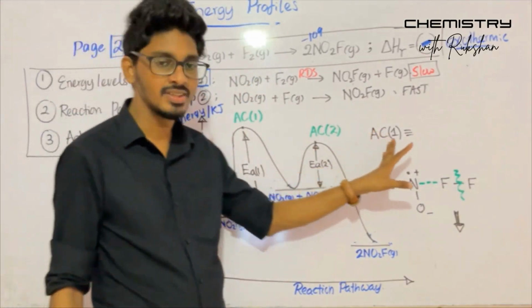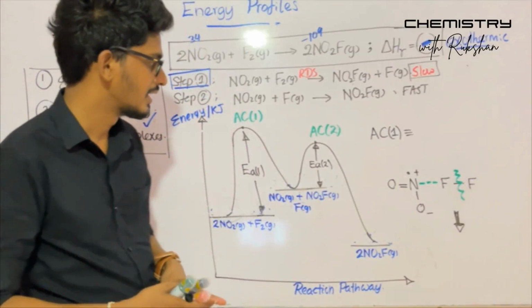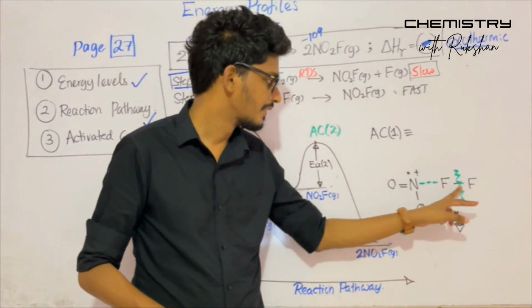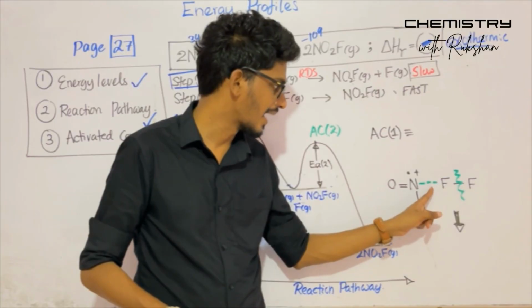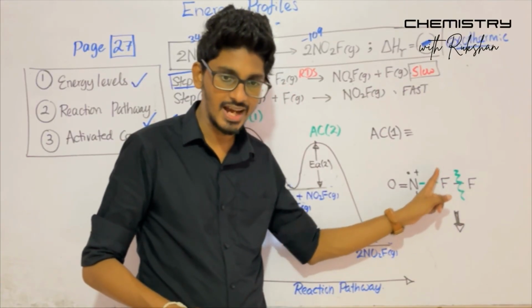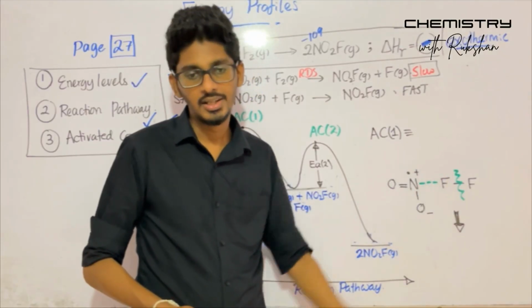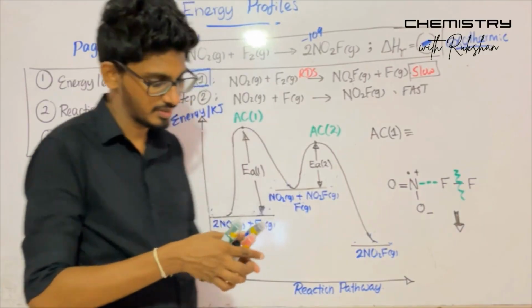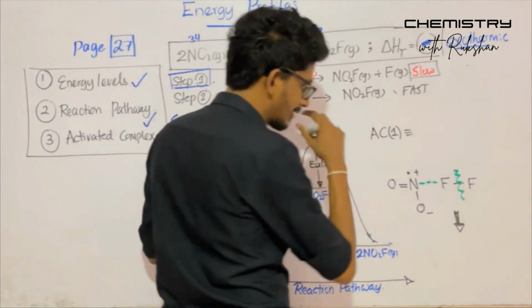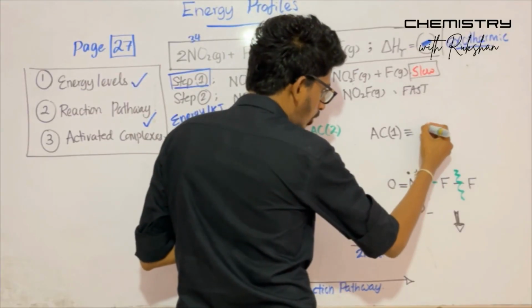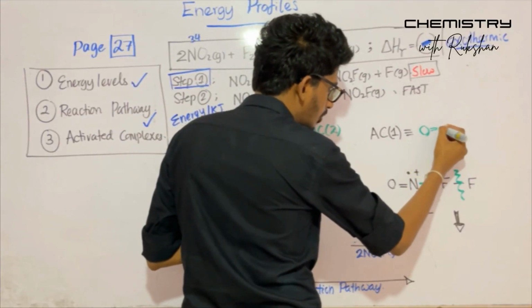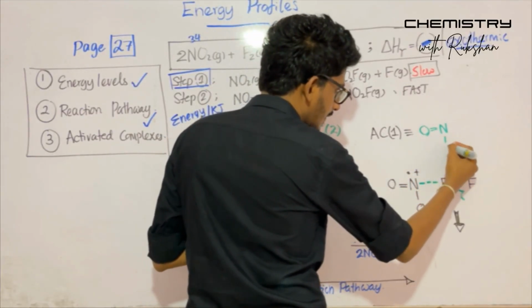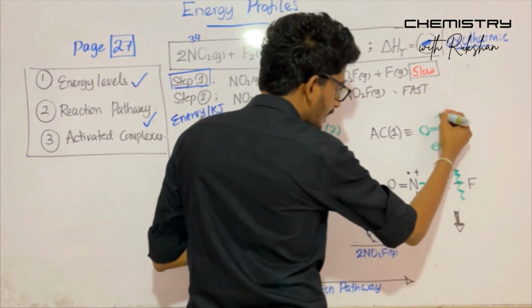And when drawing that activated complex, the bonds that form and the bonds that break, we have to mark these two in longer dotted lines. The other bonds will be marked as normal. See, it is like this: the activated complex has a double bond to oxygen, nitrogen, O minus, plus is there.